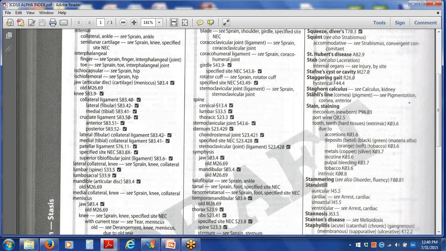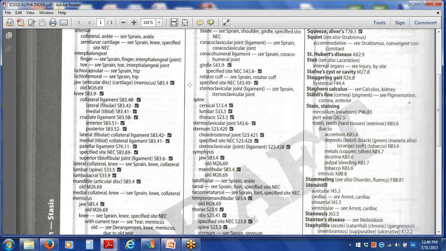Now this is the code for a cervical sprain, S13.4. However, there's a check mark next to it. And anytime in the AMA book or in your online resources, sometimes it will give you a check mark, sometimes it will give you a number that will say this is the extension that you need to code out to, or the level of specificity.